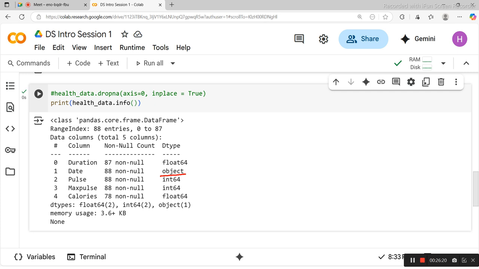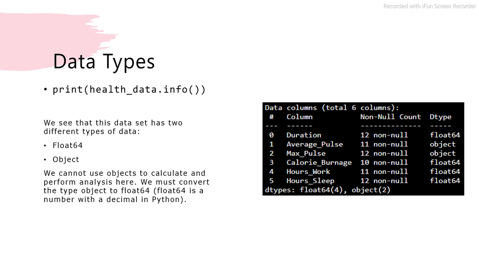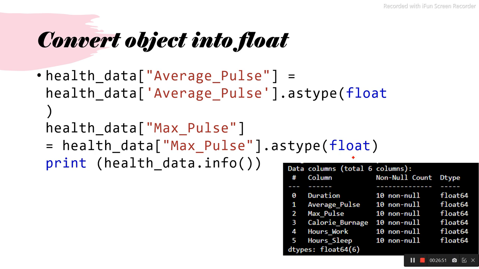So how do you do that? As you can see here, in this data I have two objects, average pulse and maximum pulse. There is a function called astype, which is used to convert objects into a different format.